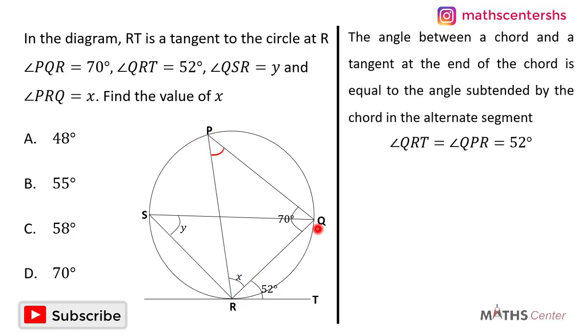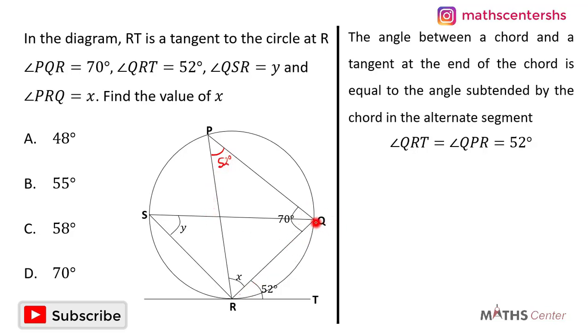So here the angle QRT, which is the angle between the chord and the tangent, is equal to the angle QPR, which is the angle subtended by the chord QR in this segment. So the angle QRT, which is 52 degrees, is equal to the angle QPR. So angle QPR is also 52 degrees.